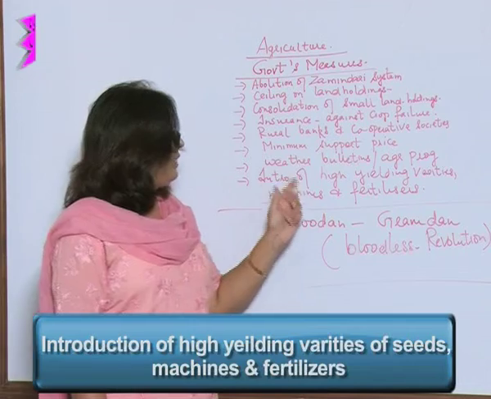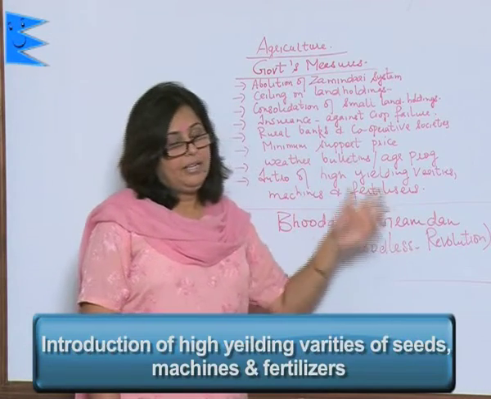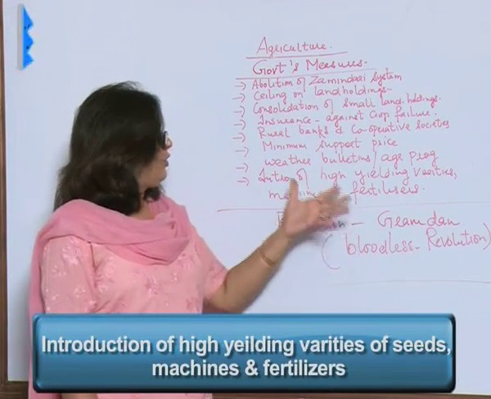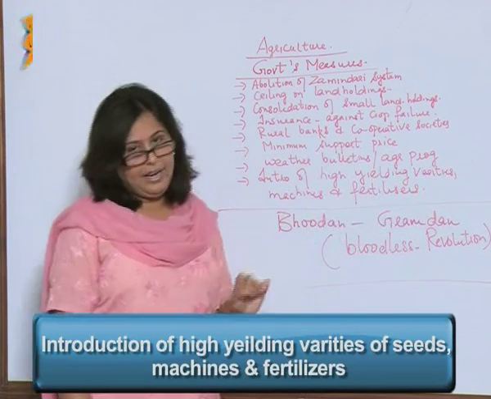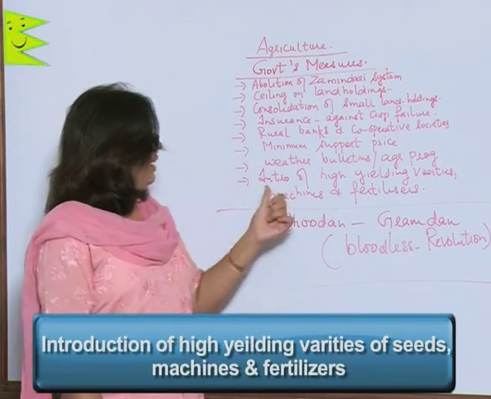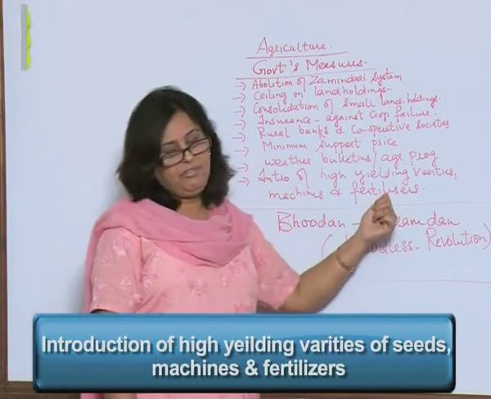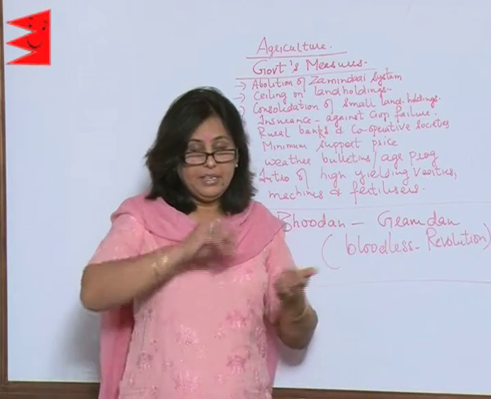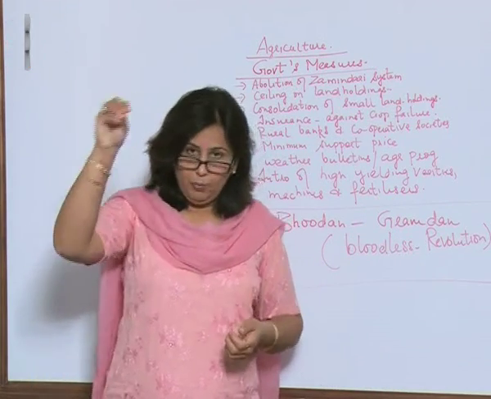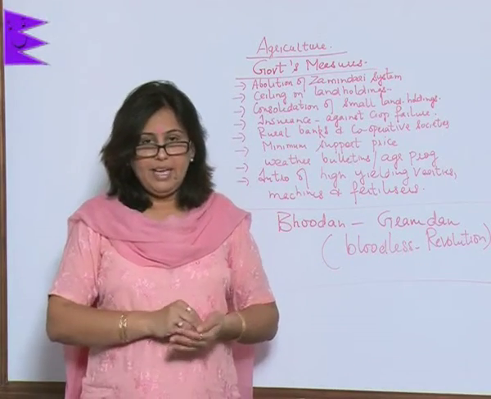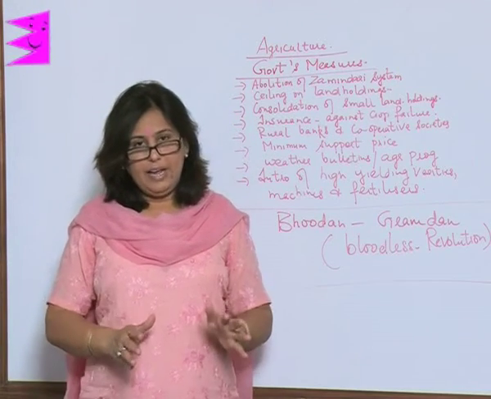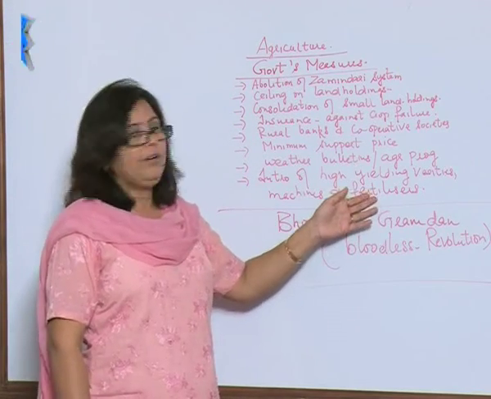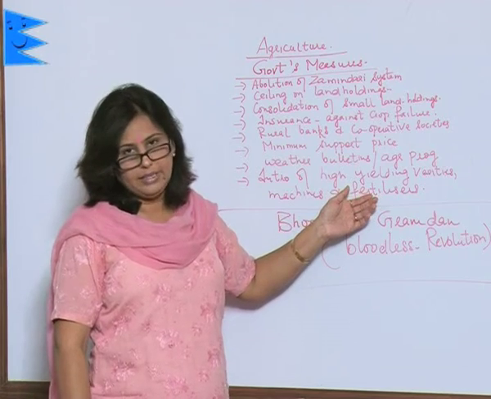Now, the government has also tried to make farmers start using high yielding varieties of seeds, machines and fertilizers. That is, they are being made available to them wherever they are, they are being made aware of how it helps them, and they are being given loans to buy all this.